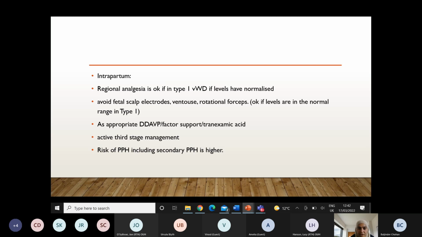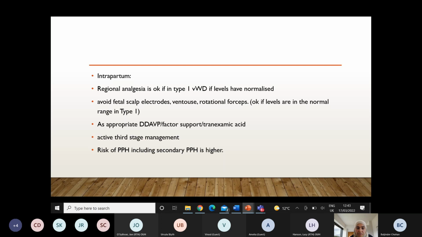So luckily for type 1, the outcome is better in pregnancy because naturally there is an increase in levels. If levels are normal in the third trimester, you can pretty much treat it as a normal pregnancy, but try to avoid invasive procedures like rotational deliveries. Manual rotation and lift-out forceps delivery is okay.